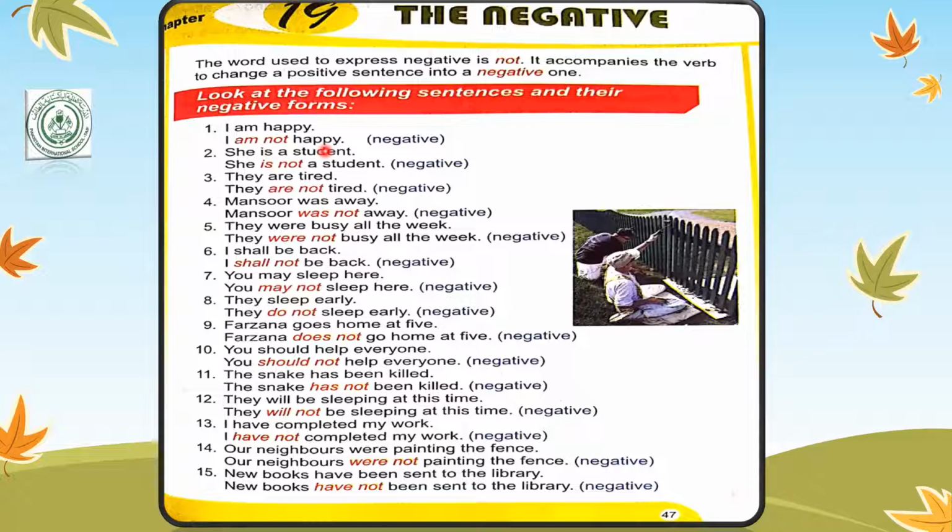Second, she is a student. She is not a student. Very easy. Number three, they are tired. They are not tired. These are present tense sentences, and you can just put not with them.